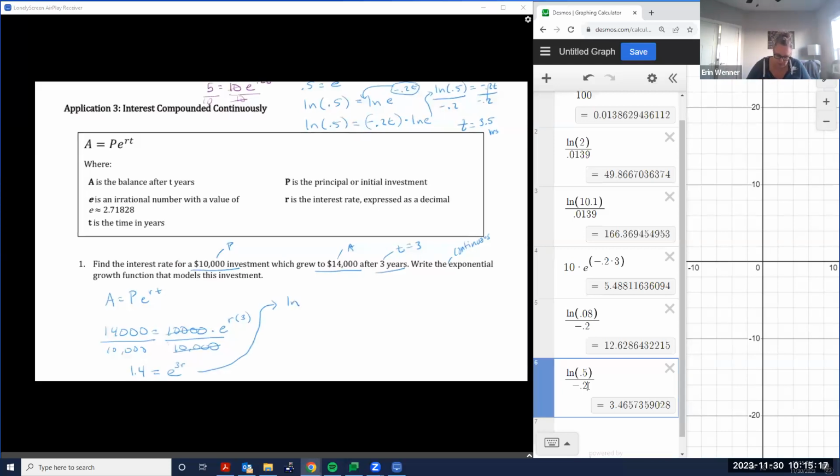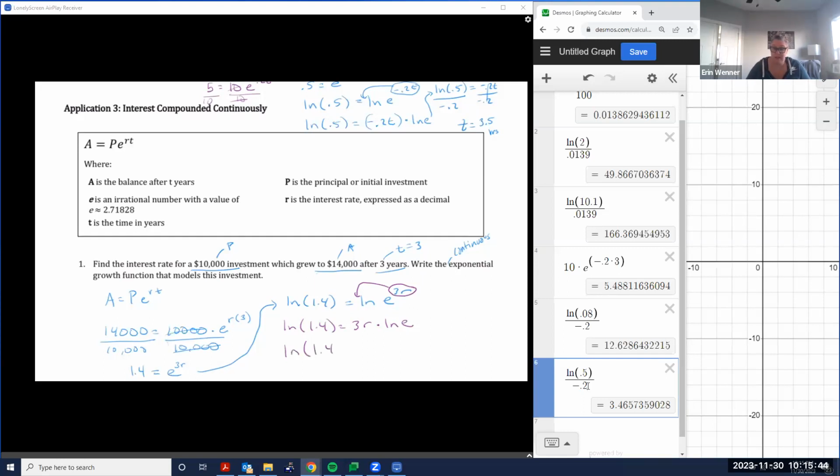So the natural log of 1.4 is equal to the natural log of E to the 3R. We'll use the power rule to bring that exponent down. So I have the natural log of 1.4 is equal to 3R times the natural log of E. Because the natural log of E is 1, we can drop that. And we have the natural log of 1.4 is equal to 3R.